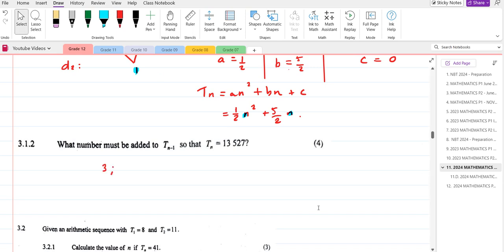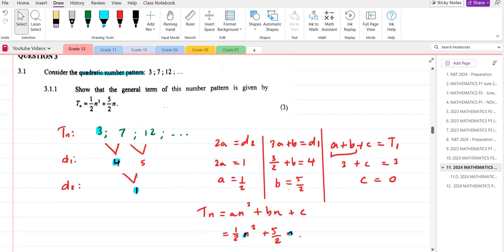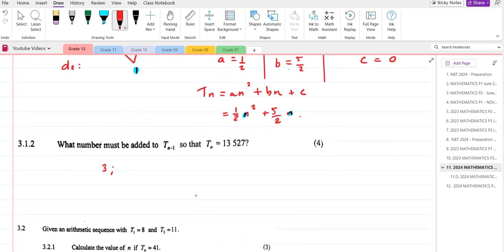3. I found another method. Alright, so 3, 7, 12. We have 3, we have a 7, we have a 12. So we need to add some number here, we need to add some number over here, so we get 13,527.